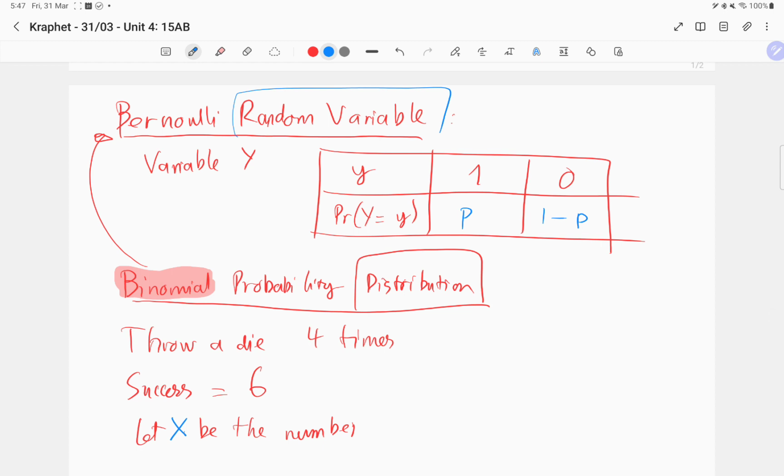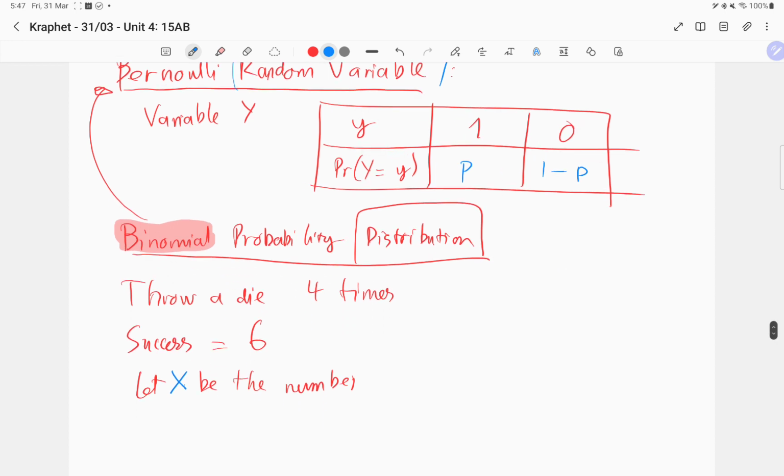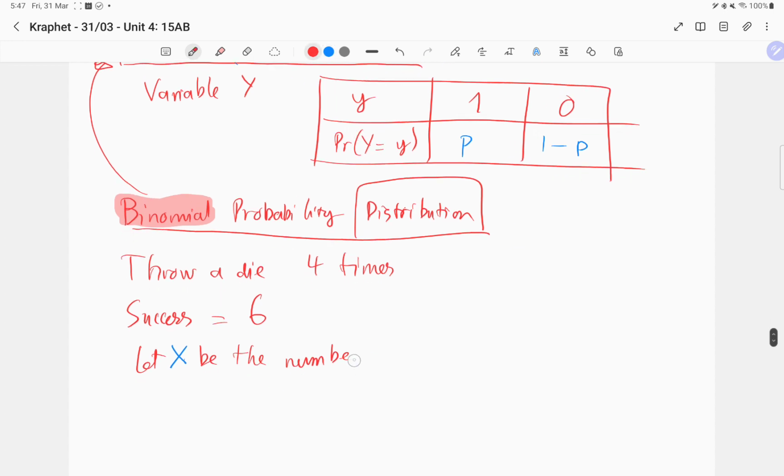It's that variable that can take any value. So far we've learned that small x could take any value. Now the capital X is a random variable that can take any result, any event. So a random variable is always capital. So let capital X be the number of successes or the number of 6s in the 4 throws.